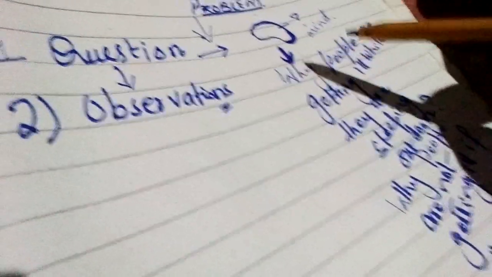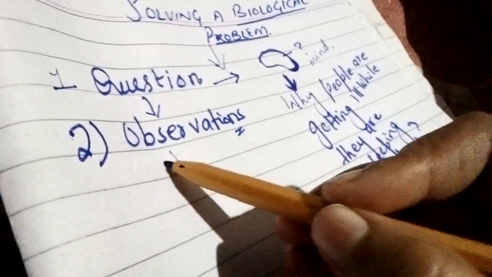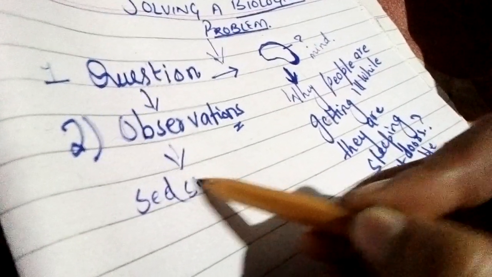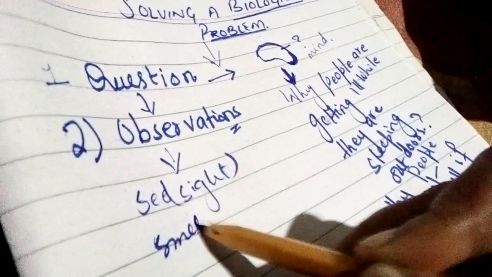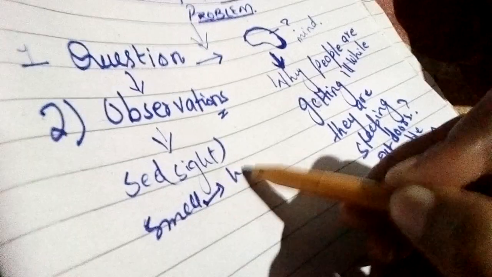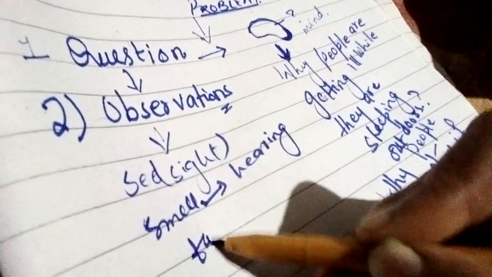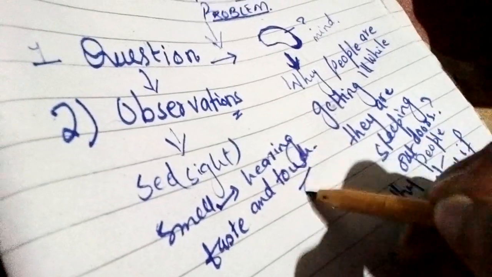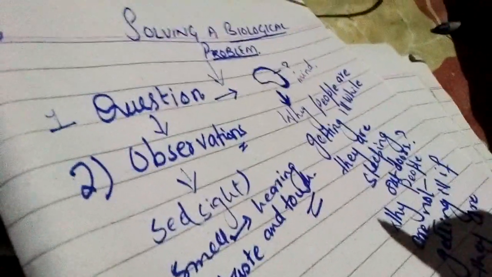These observations are made on senses. Senses means sight, smell, hearing, taste, and touch. These five senses make the observations.